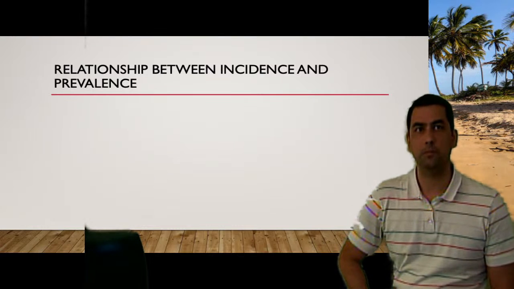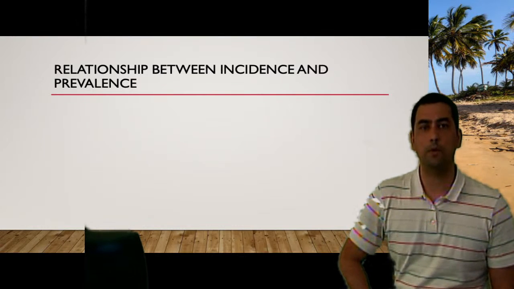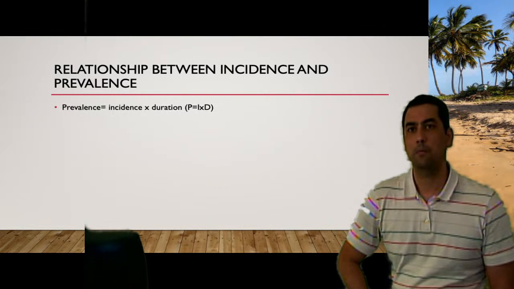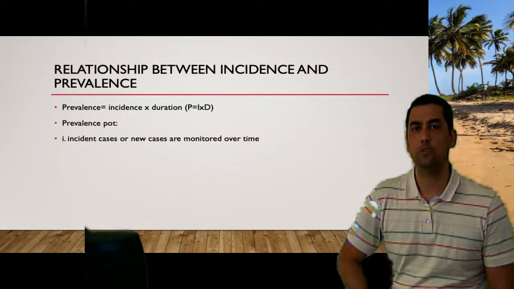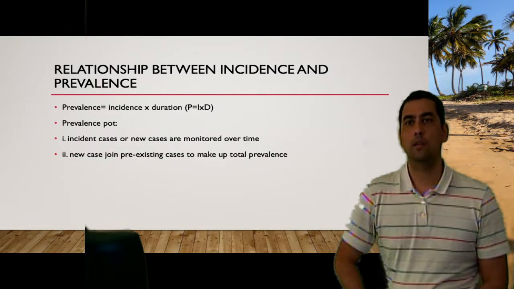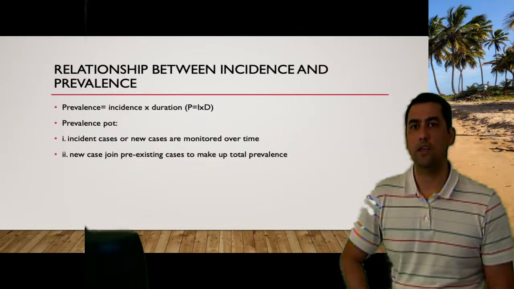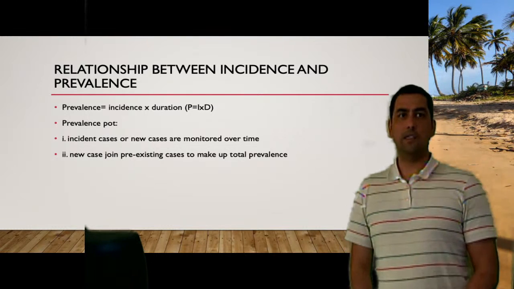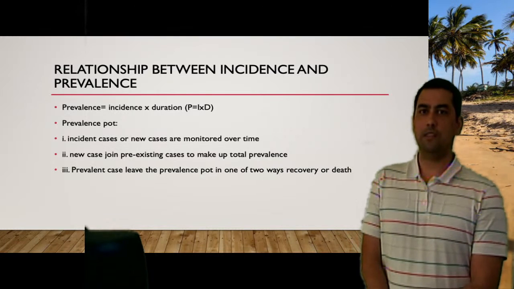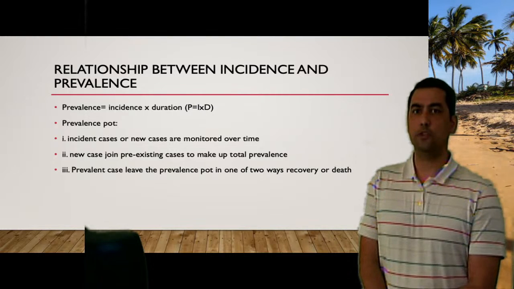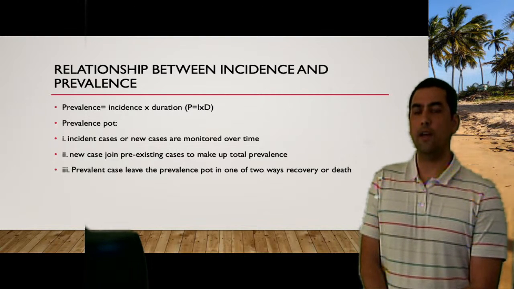The relationship between incidence and prevalence is incidence times duration. Okay? Incidence cases, or new cases, are monitored over time. New cases join pre-existing cases to make up total prevalence. Prevalent cases leave the prevalence pot in one of two ways: recovery or death.